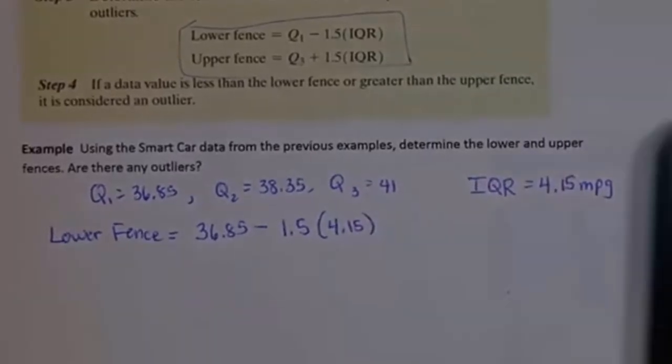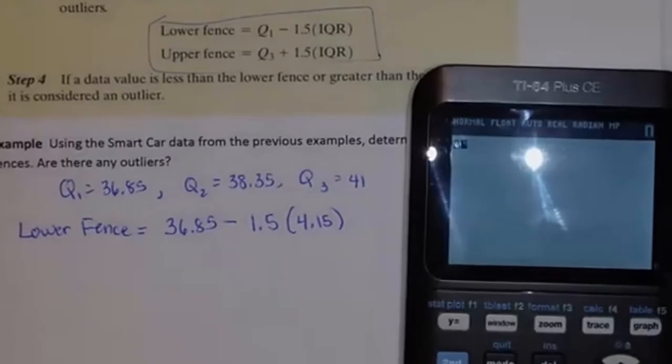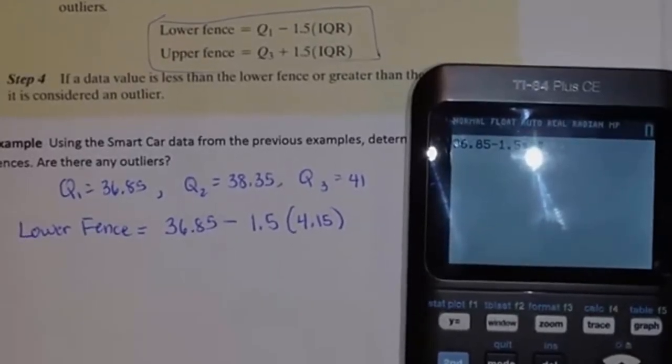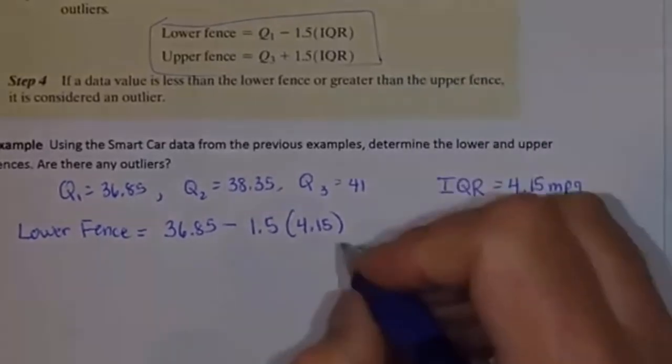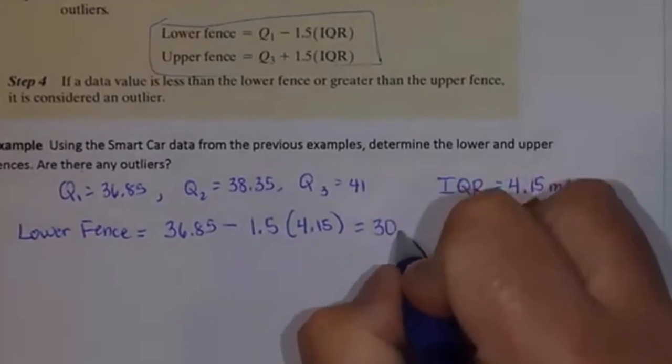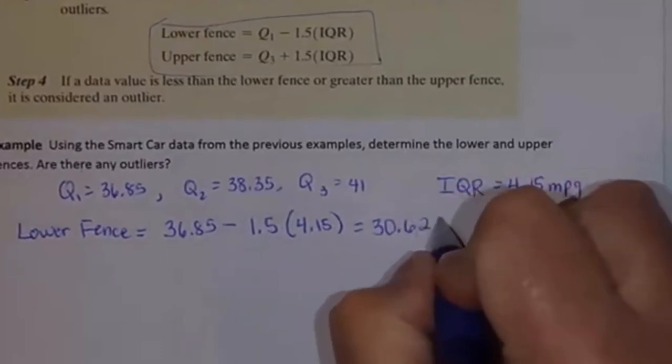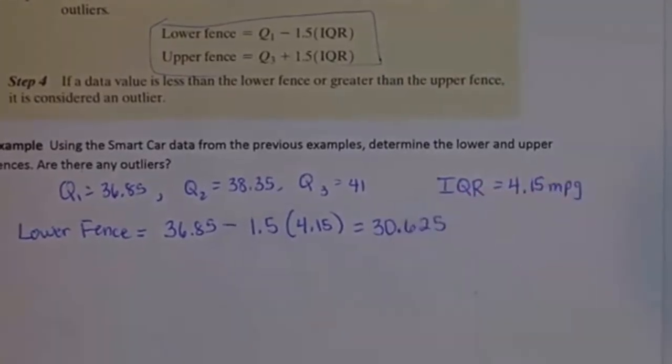So if I do that calculation, 36.85 minus 1.5 times 4.15, that is 30.625. So any data value that is smaller than 30.625 is an outlier.